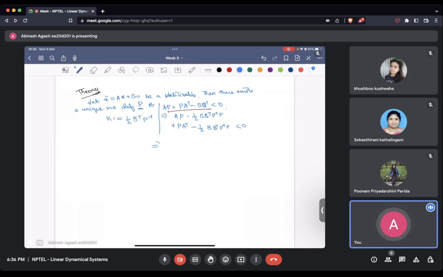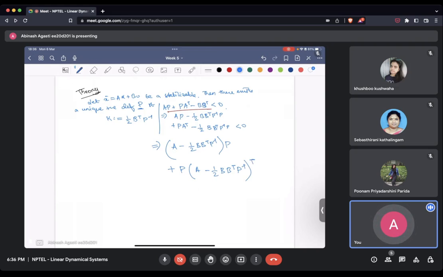Then what I can do further is take this as (A minus half BB transpose P inverse) into P plus P into (A minus half BB transpose P inverse) transpose.